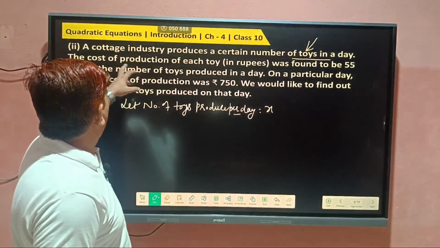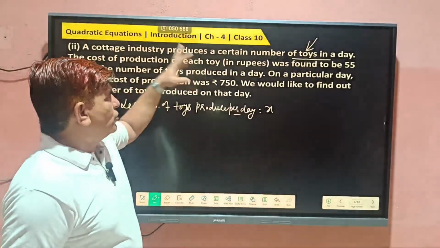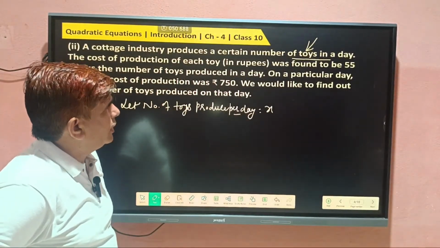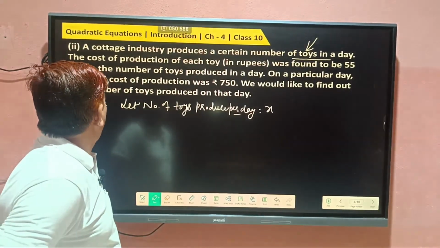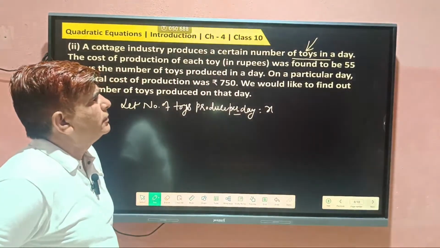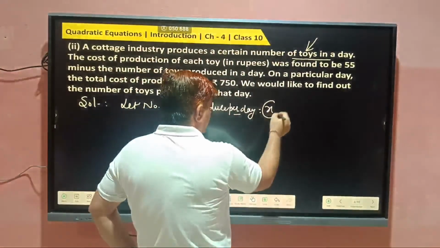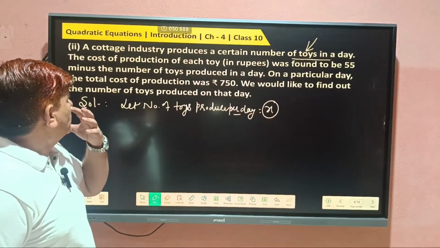Then after this, the cost of production of each toy.